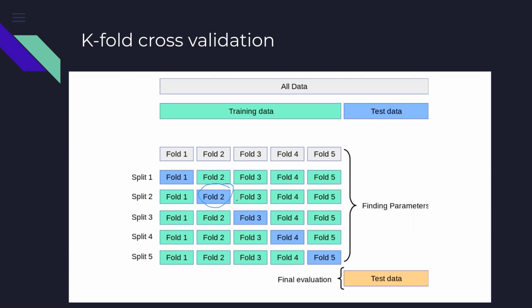So that way, if I divide the data into, say, 5 folds, in each iteration, it will keep one fold aside, train on the remaining 4 folds, and the part which was kept aside would be used for validation. It means that I run the algorithm, then I will use fold 2 as my test data.